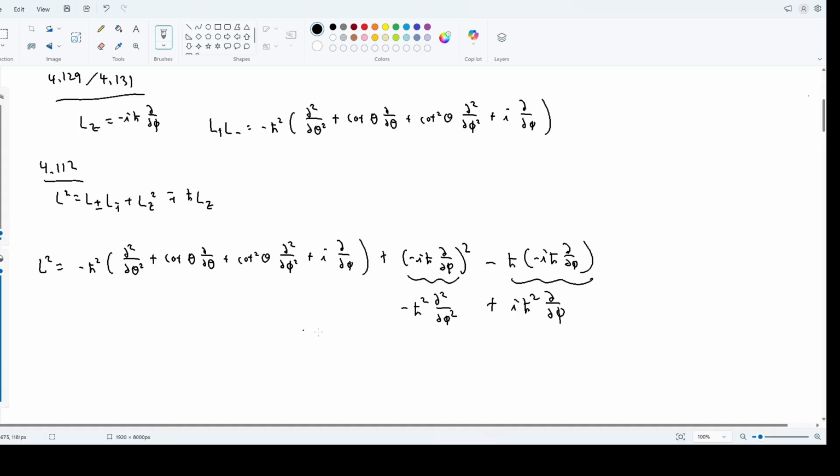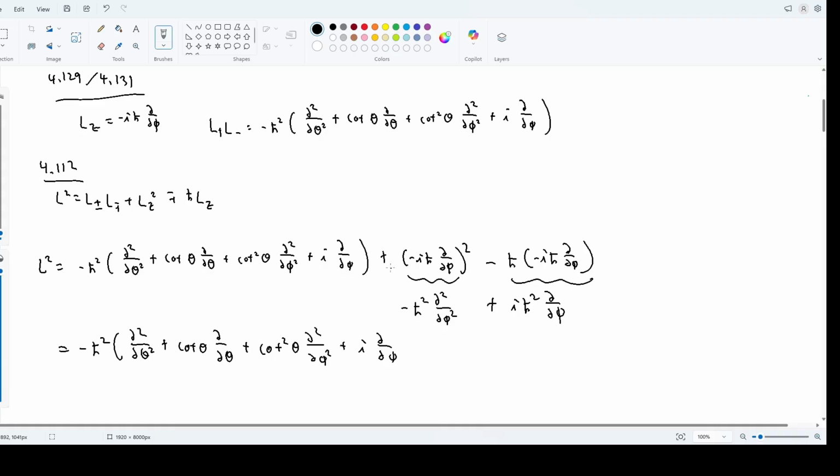So that means that I can factor out the h bar squared for these as well, or more specifically, a negative h bar squared. And that's going to give me negative h bar squared times d2 by d theta squared plus cotangent theta d by d theta plus cotangent squared theta d2 by d phi squared plus i times d by d phi.